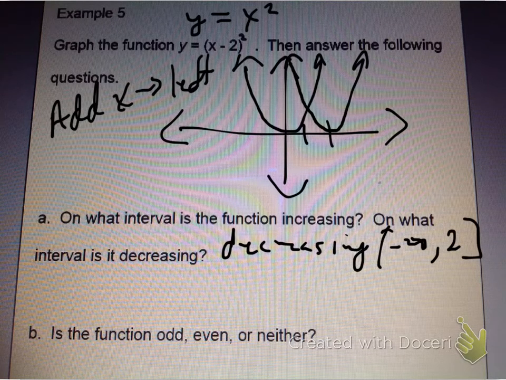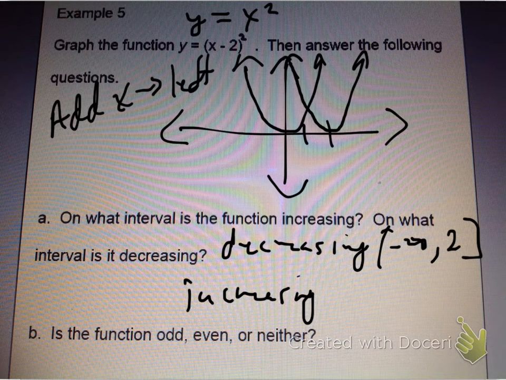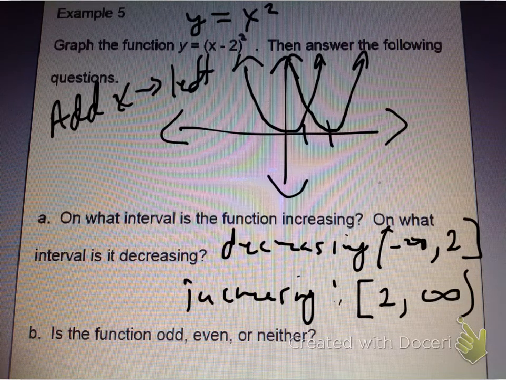And it is increasing on the interval from 2 to positive infinity. We're closed on 2, open on both negative and positive infinity.